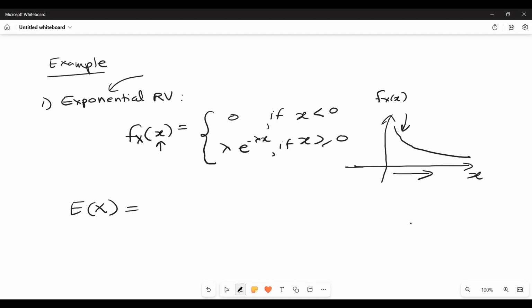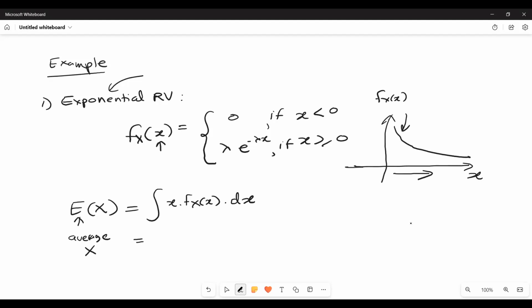Right? Expectation value of x, how can you find it? Expectation value is the average value of the random variable x. So expectation value you can find using the integration of the x random variable with its probability density function with respect to dx.